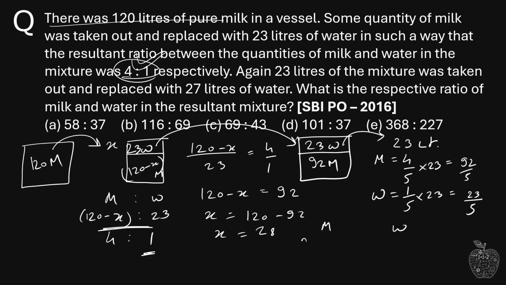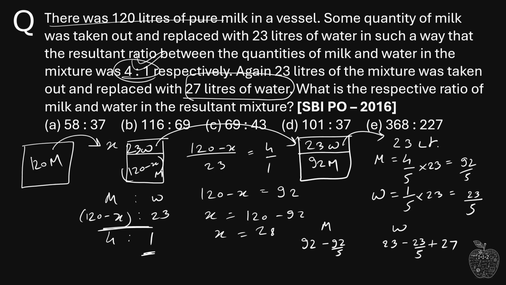Milk was 92, but from this 92 by 5 is taken out, so minus 92 by 5. Water was 23, and from this 23 by 5 water is taken out, so we subtract 23 by 5. Moving forward, we are also told that it is replaced with 27 liters of water, so we add 27 here.